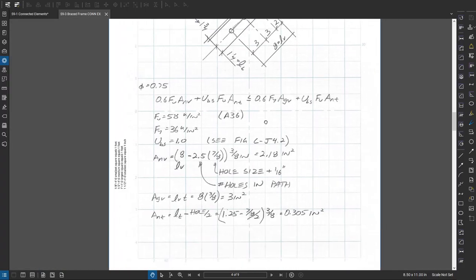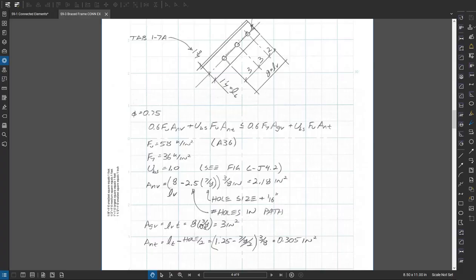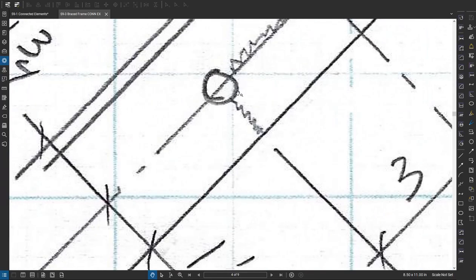Run those numbers, I get just over 2 square inches. The gross is just my 8 inches times 3/8, which is 3, conveniently. And then my net tension area is from the edge of the hole here to the edge of the angle.